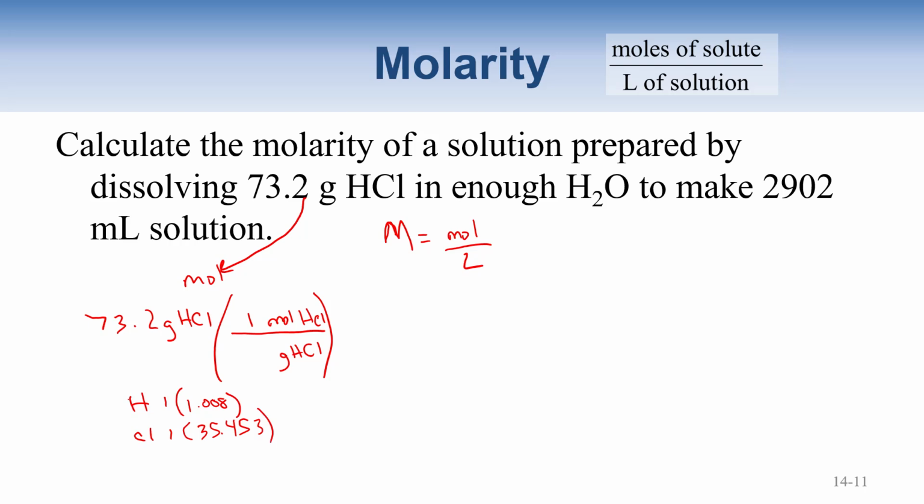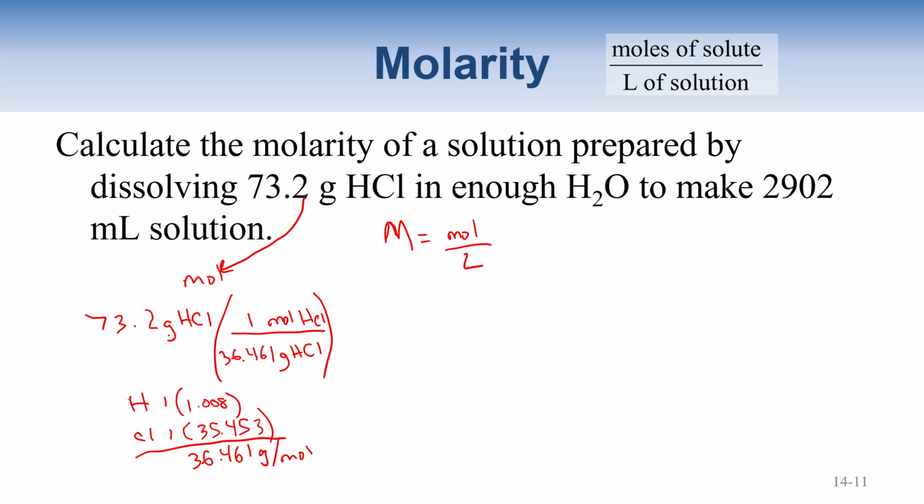So when we add these up, 1.008 plus 35.453, we end up with 36.461. And that's grams in 1 mole. So 1 mole is equal to 36.461 grams.